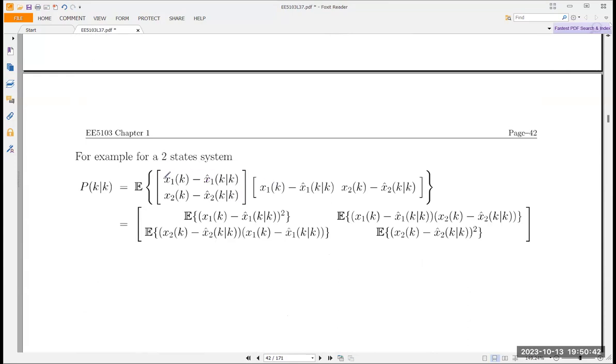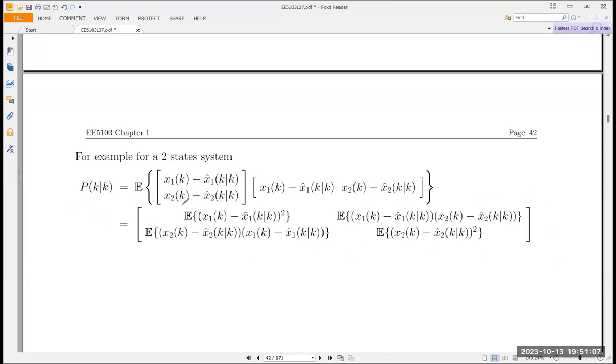So this is the vector of estimation error of x1, estimation error of x2. The transpose of this vector is here. So P is the expectation of this square, right? When you have vector, multiply itself by the transpose. So if you multiply these two, you will get this. Then basically this is a 2 by 2 matrix.